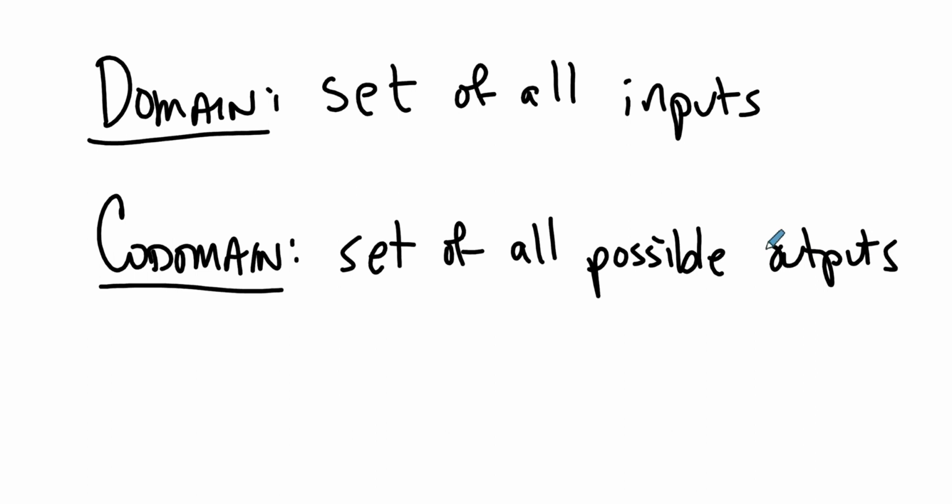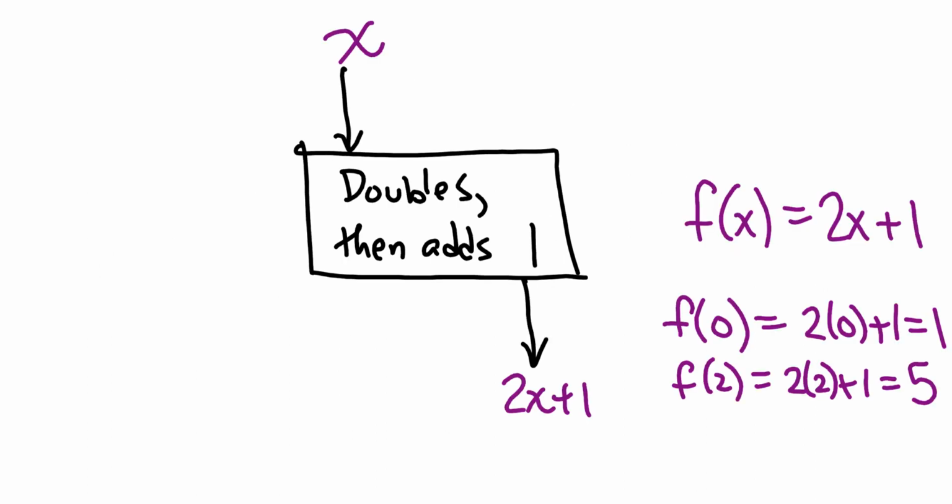So in this case, inputs are numbers, so we would say that the set of whatever kind of numbers we want is the domain. Maybe we want the set of all real numbers to be the domain. The codomain would be the set of all possible things we could expect to come out of the machine.